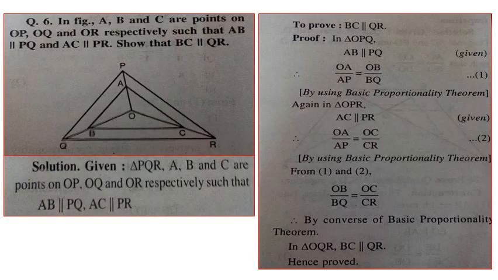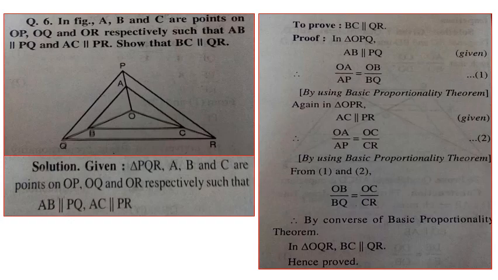Similarly, in triangle OPR, AC parallel to PR is given. OA by AP is equal to OC by CR by BPT, that is equation number 2. Now from equations 1 and 2, we observe that the LHS are equal. Therefore, the RHS are also equal. So we get OB by BQ is equal to OC by CR.